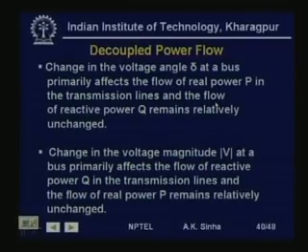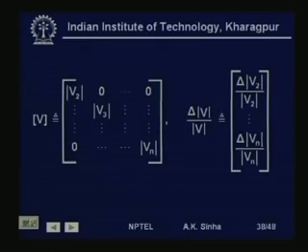Now, one thing which we get is that we know that the real power and voltage phase angle are very strongly coupled, and reactive power and voltage magnitude are strongly coupled, whereas there is a very weak coupling between P and V, that is, real power and voltage magnitude, and Q and delta, that is, reactive power and voltage phase angle. This is also found from these.